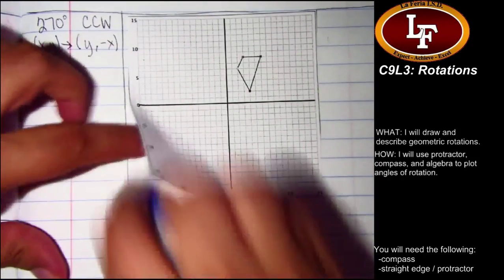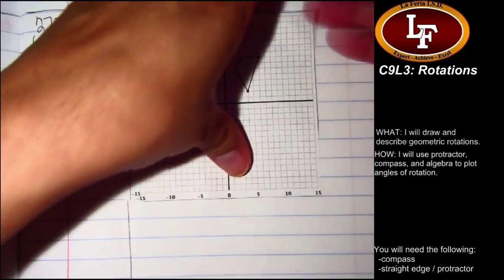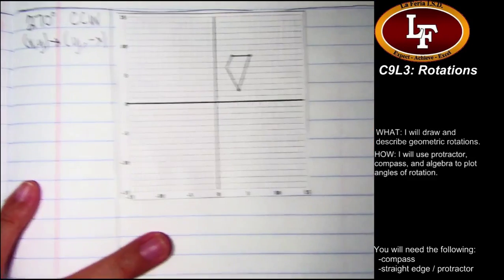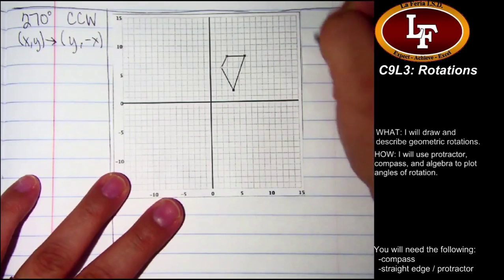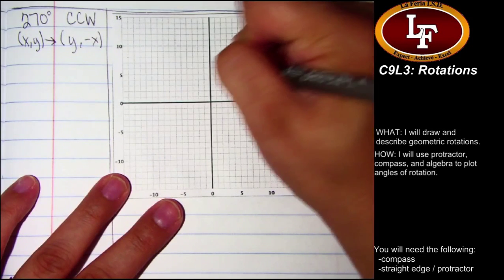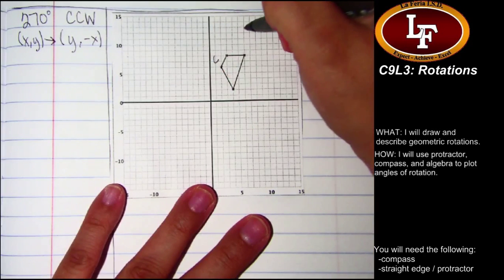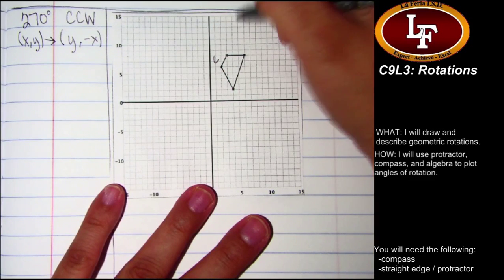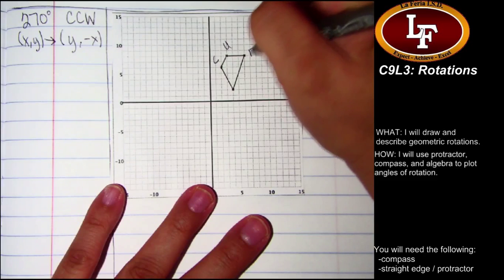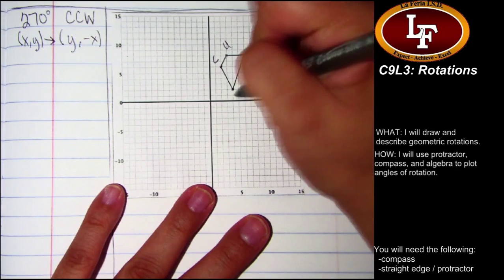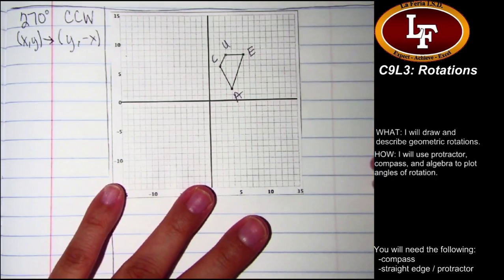Let's do it. I need letters for the vertices, don't I? E. Lots of vowels today.